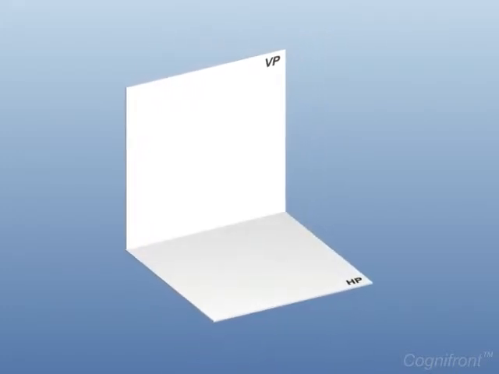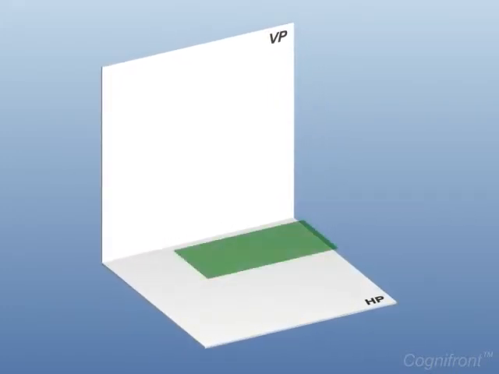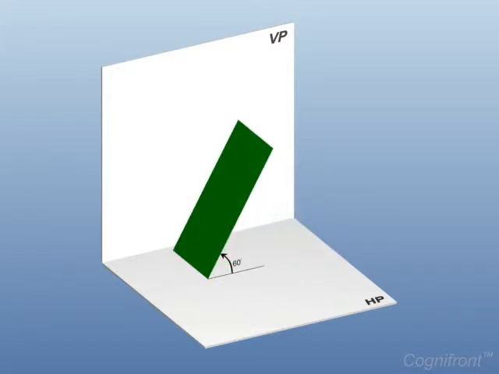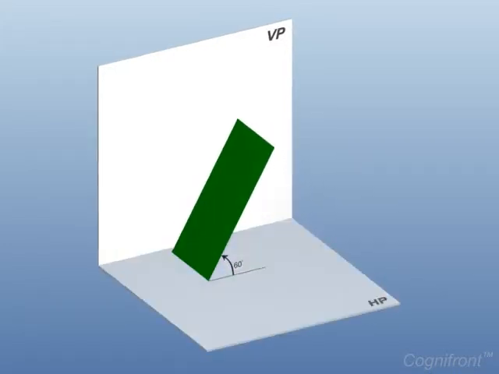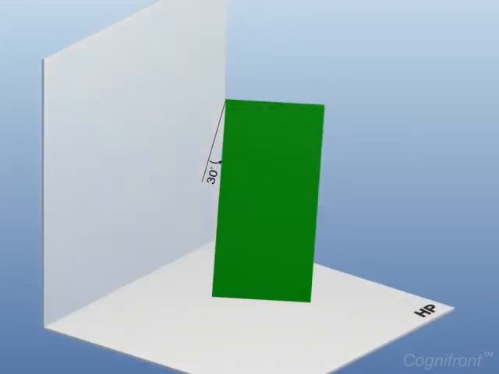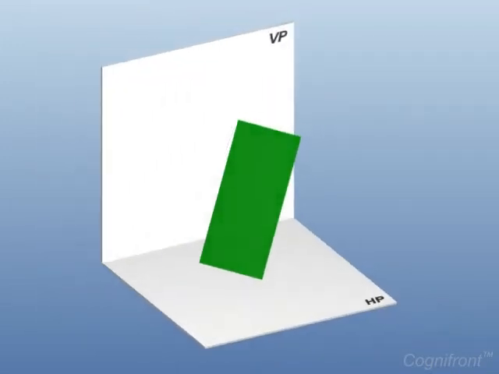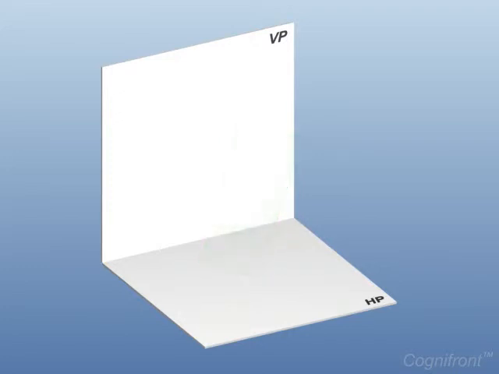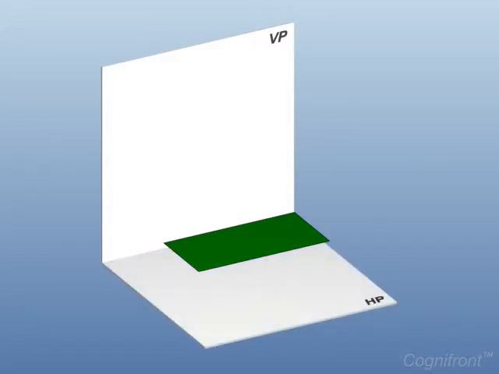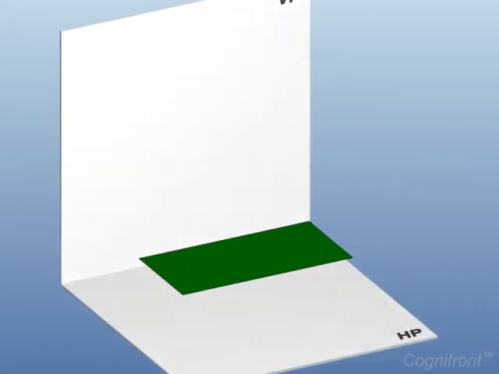Now, what will be the construction of projection when a rectangular plane surface is inclined at an angle of 60 degrees with the HP and 30 degrees with the VP? For this, let's go through the steps. First, the plane is assumed to be parallel to HP with its longer edge perpendicular to VP.